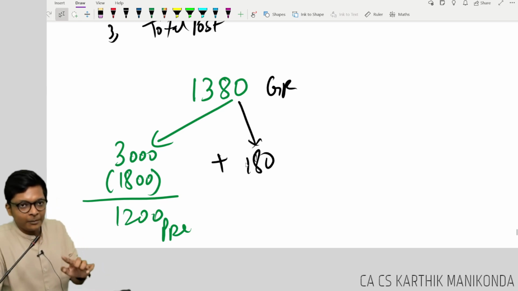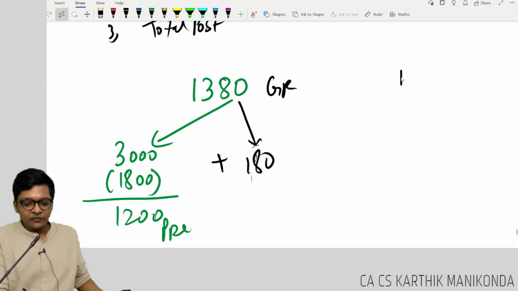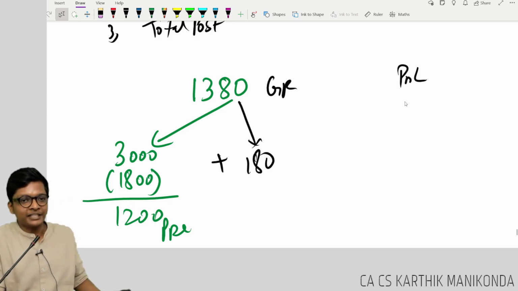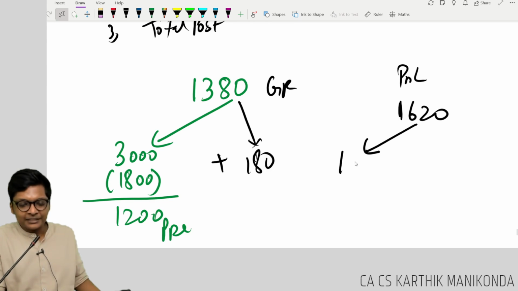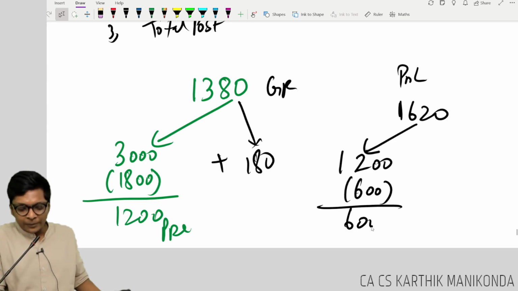This should have come from my P&L. So if I go to P&L, what is P&L closing? 1620 is closing. Opening they gave us 1200. From opening only I declared dividend of pre-acquisition. So my remaining opening is 600. Then the balance current year earning is 1020.